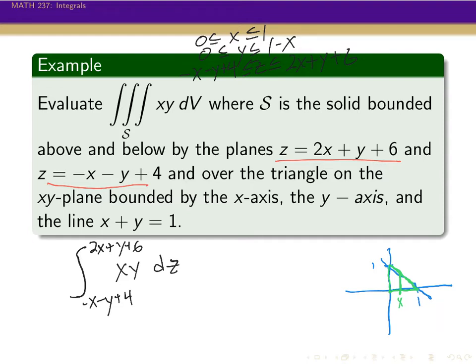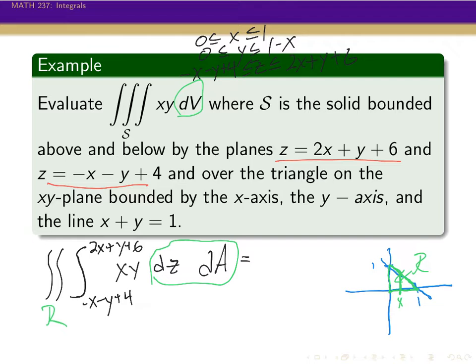When we're done with that, we're going to be left with a double integral over this region R in terms of dA. So this dz times dA, that's dV. We're just pulling one out, and we're going to be left with dA after that. And so we can do this integral.